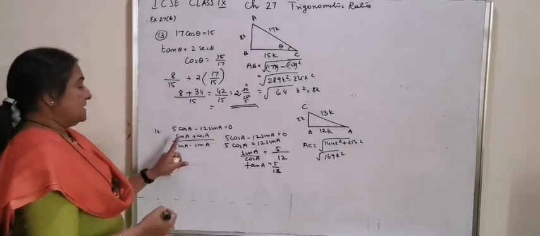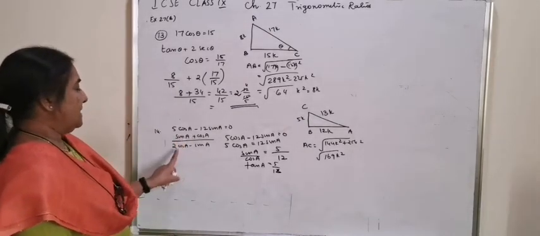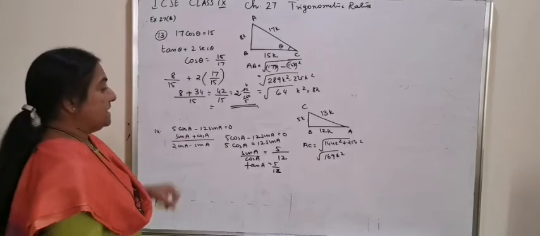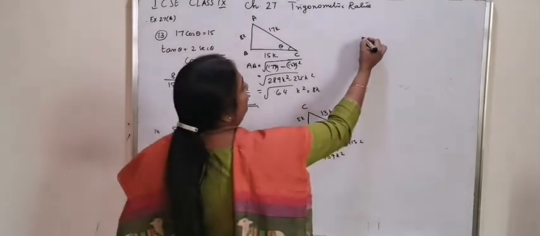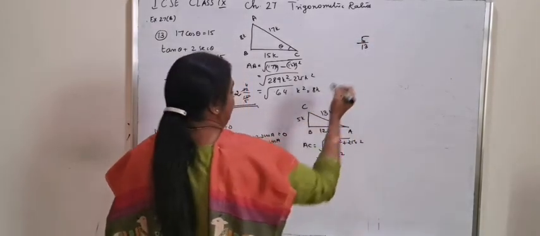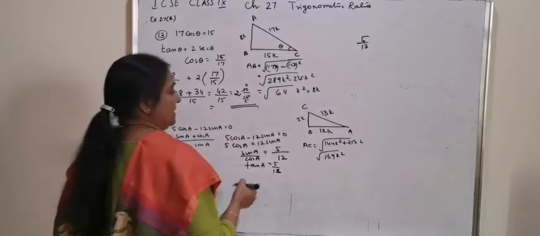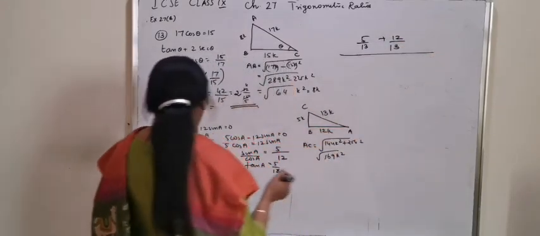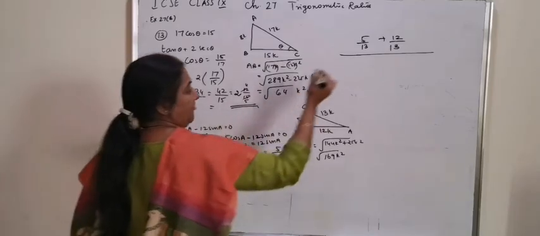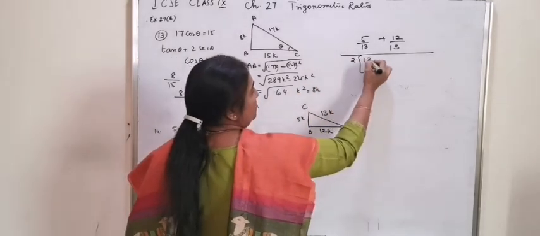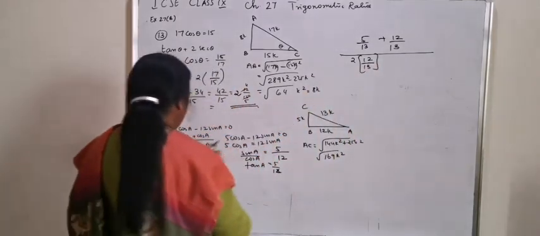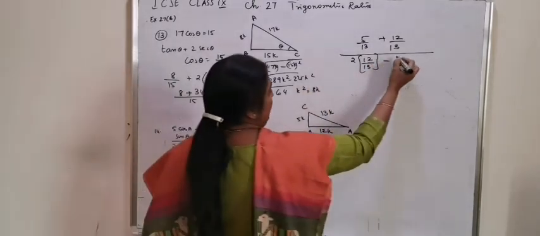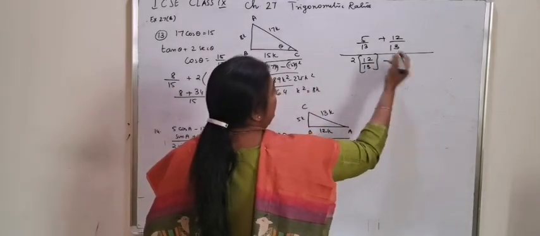And now sin A plus cos A by 2 cos A minus sin A. Sin A value will be 5 by 13 plus cos A, which is 12 by 13, divided by 2 cos A, that is 2 into 12 by 13, minus sin A, minus 5 by 13.